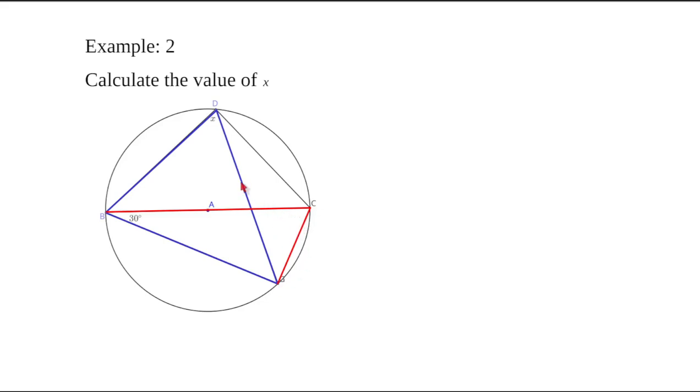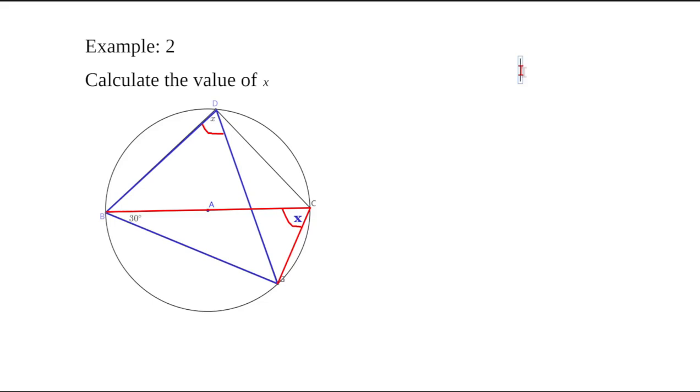Now, both these angles are subtended by the same chord, this one there. So, we are expecting that this angle is equal to that angle. Angles on the same chord, they are just equal. Now this simply tells us that this is nothing but x.